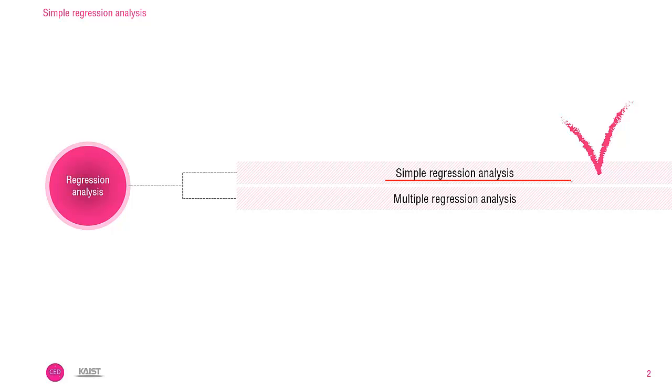When there is one cause, we call it simple regression analysis, or more simply, regression analysis. When there are more than one cause, we need to perform a multiple regression analysis that will be covered in next week.